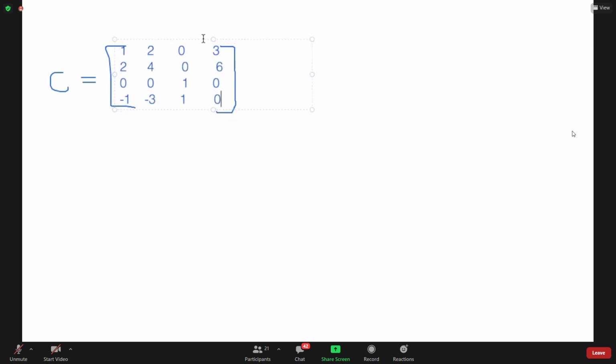This is our matrix. And we have to calculate the determinant of matrix C.